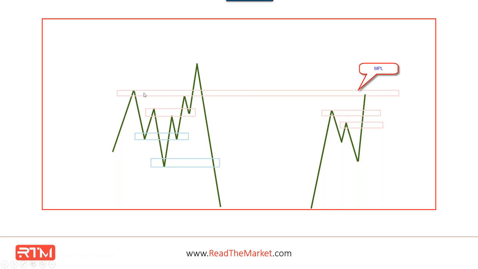So if you see a level like this over on the left where a trick was played and price shot through a high or low and then shot back in the other direction, and then you see something like this over here, a trend reversal, before it gets to this point, watch out for tons of stop losses.